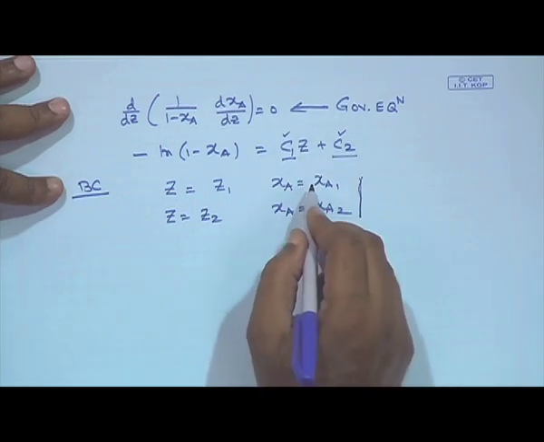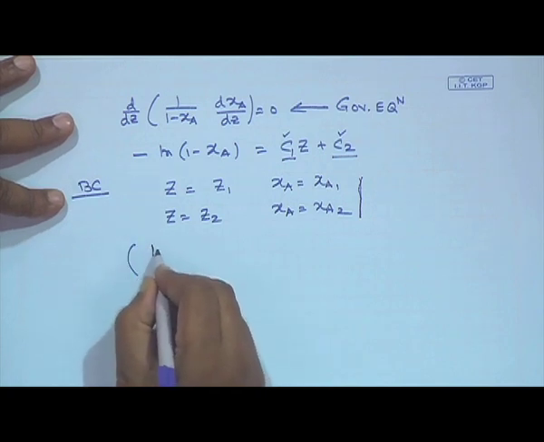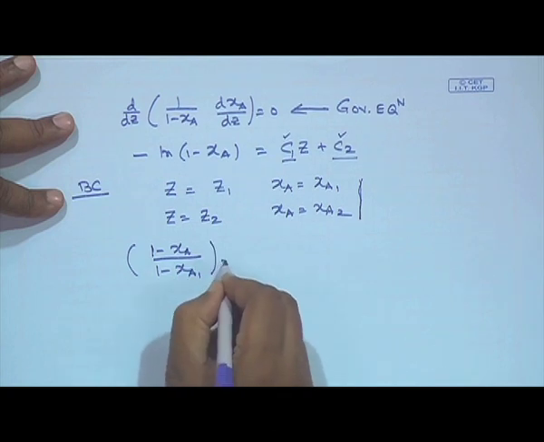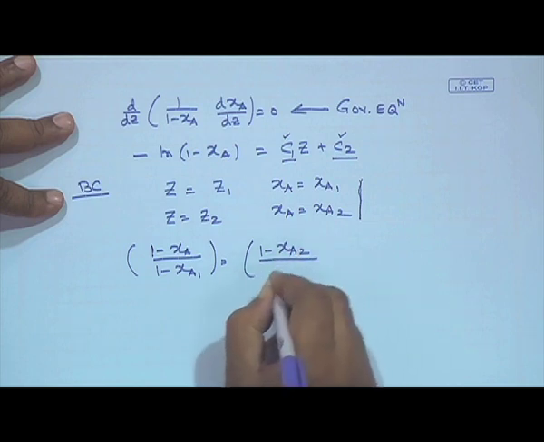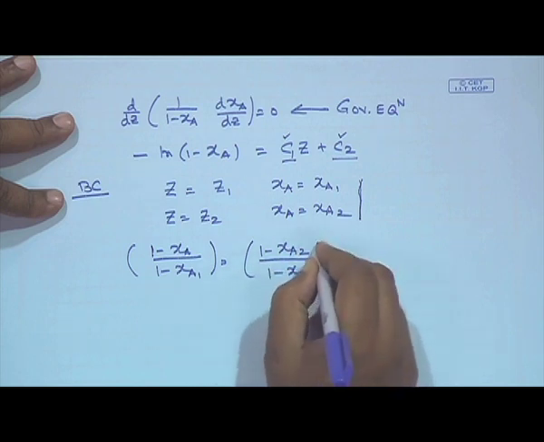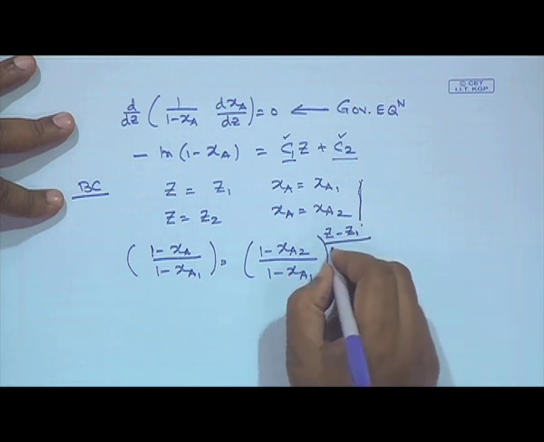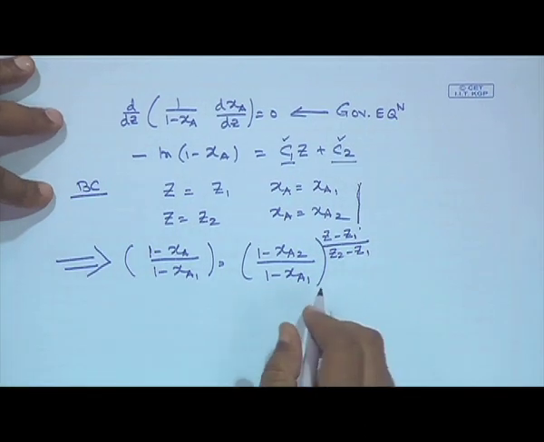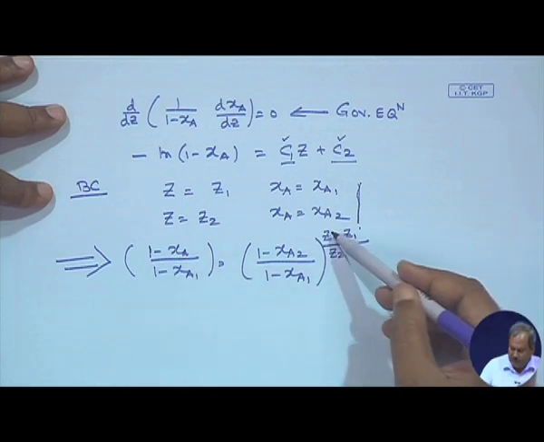When you evaluate this and substitute it back into the expression, what you get is (1 minus x_A) by (1 minus x_A1) equal to ((1 minus x_A2) by (1 minus x_A1)) to the power (z minus z1) divided by (z2 minus z1). This is the variation of the mole fraction of A as a function of z.